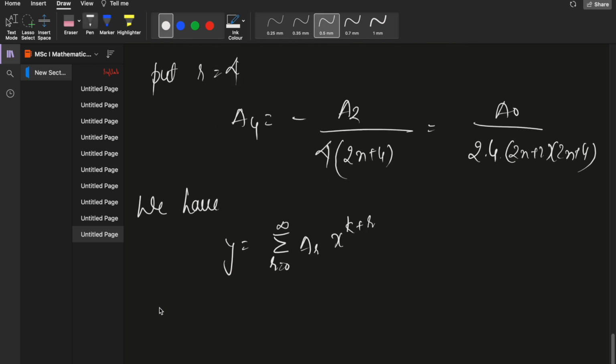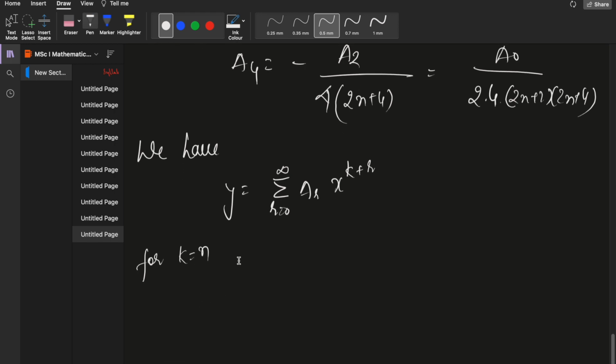But we have calculated for k equals n. For k equals n, we have y equals summation r from 0 to infinity ar x to the power n plus r.